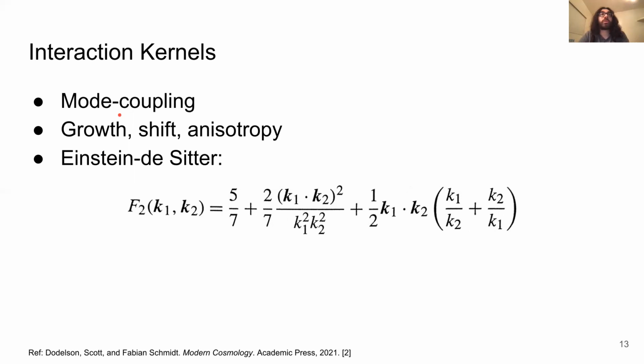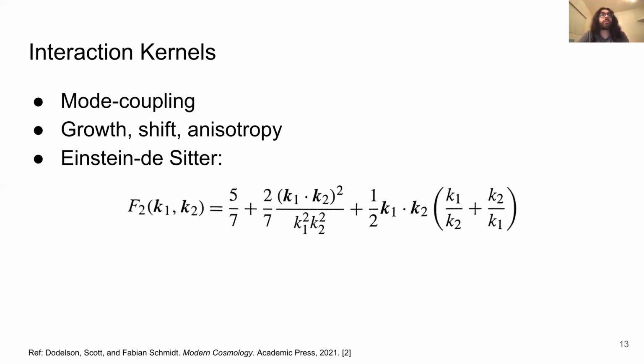So that is, their arguments are different modes, different k values, and the polynomials themselves depend upon combinations of these, or in particular dot products between these k's. And so they couple these modes together. And this is one of the biggest differences between linear and nonlinear theories.